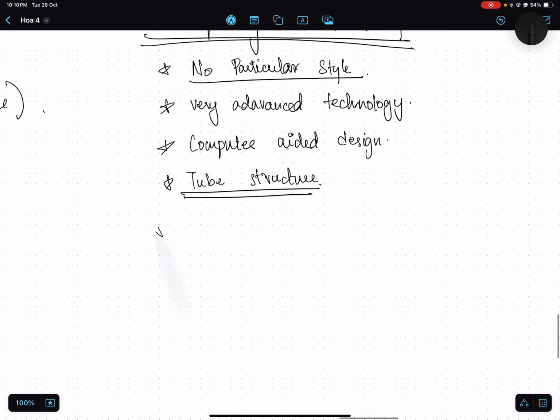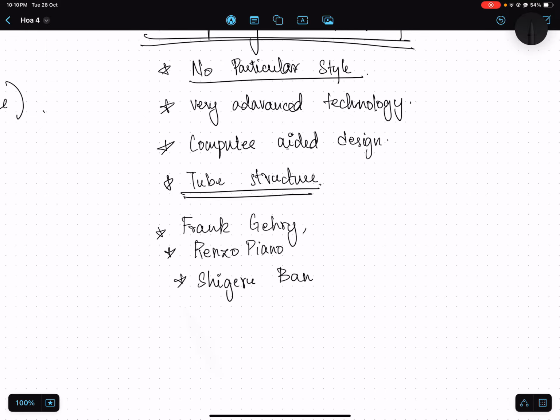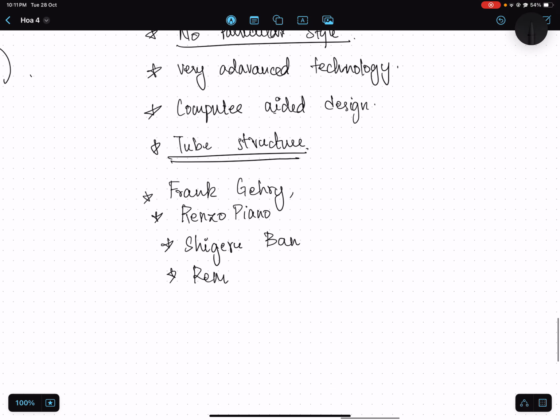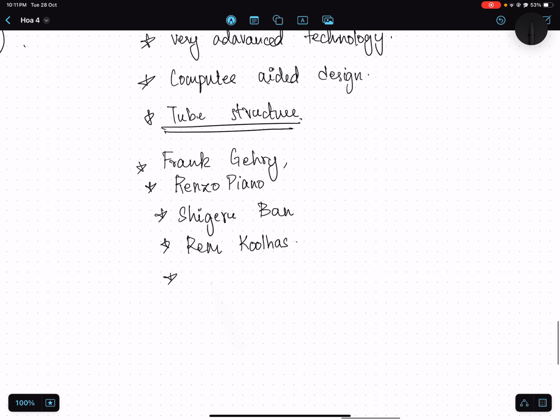So we have Frank Gehry, Renzo Piano, Shigeru Ban, Rem Koolhaas. Rem Koolhaas also designed in deconstructivism style, but we'll look into that later. And Santiago Calatrava.